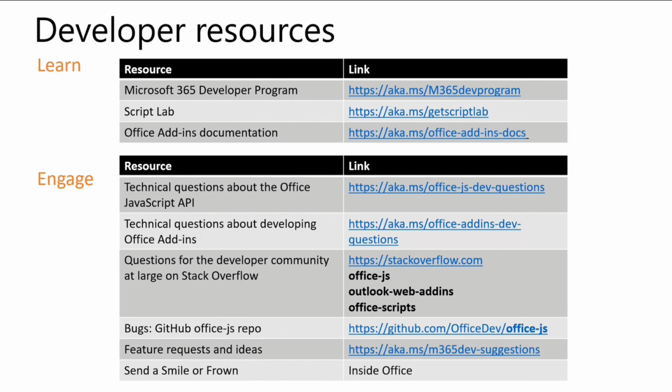There's some tags listed there of the common ones people are usually asking questions about. If you think you found a product bug, go to github.com/office-dev/office-js, where you can submit an issue and let us know you're seeing some buggy behavior, and we'll investigate it and track down what's going on. If you have any feature requests and ideas, you can go to aka.ms/m365dev-suggestions. And of course, you can always send a smile or a frown through Office itself.